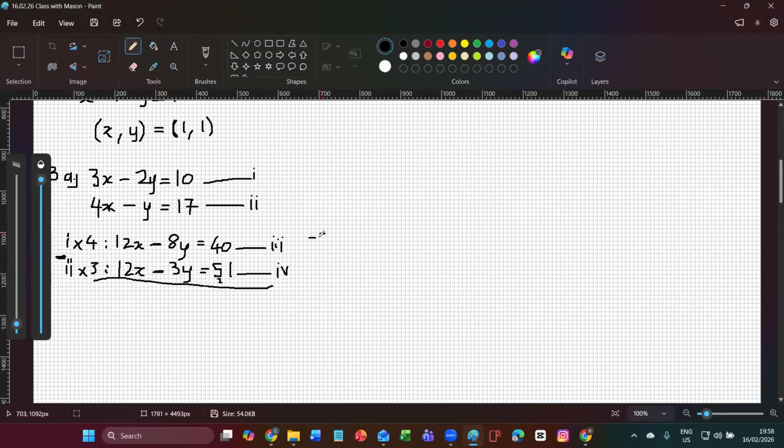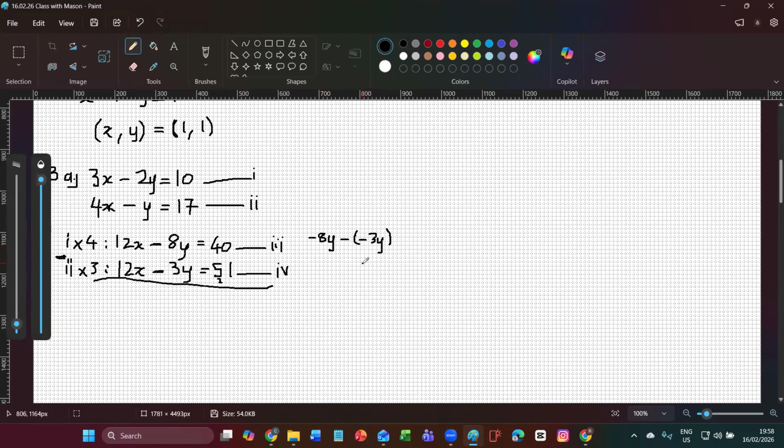In algebra, if you have a scenario like this, minus 8y minus 3y. Now, I'm going to show you something that I hope you won't ever forget. I mean, for life.